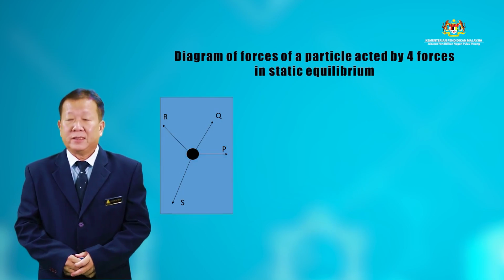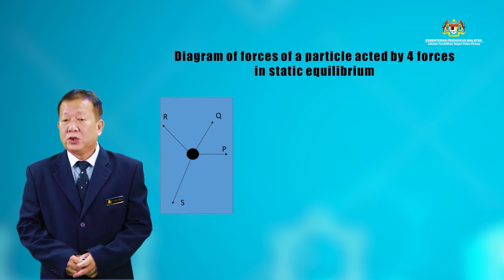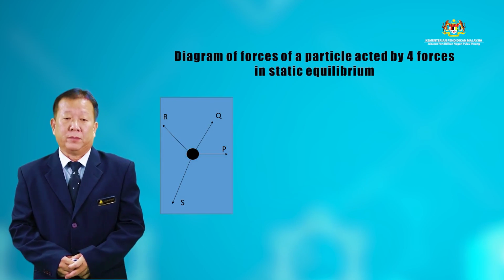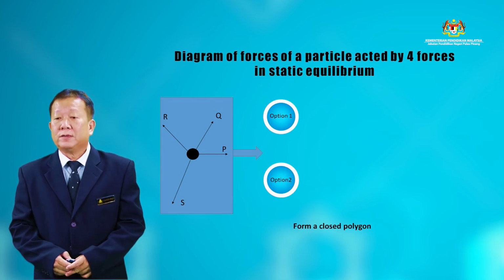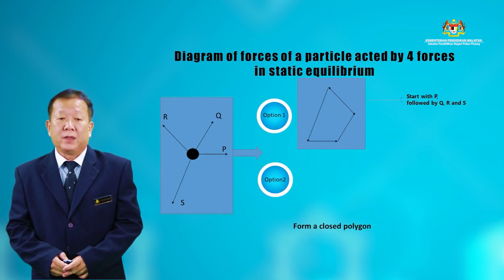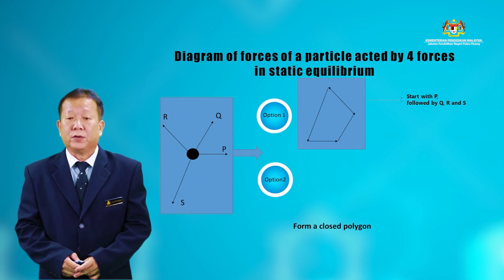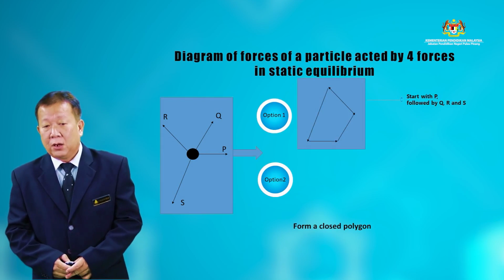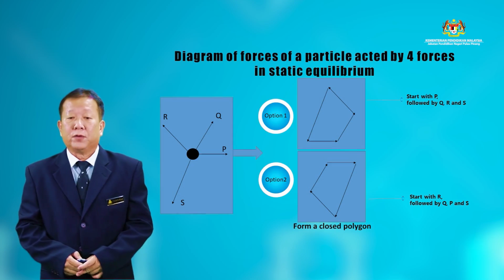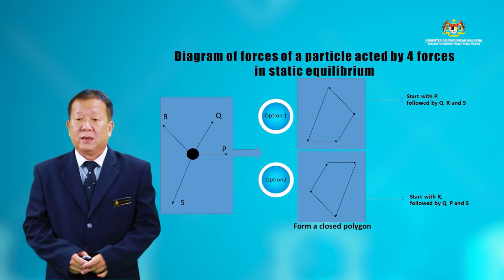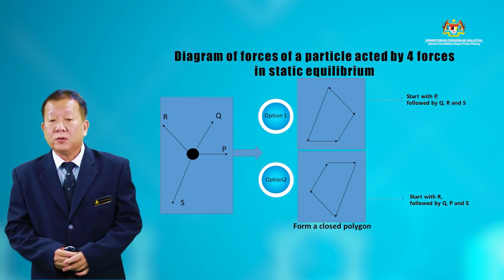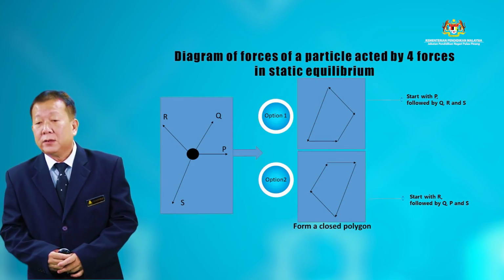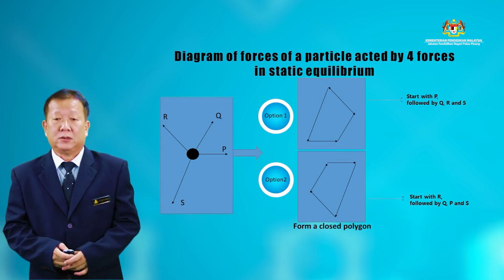For a particle acted on by four forces, which is in static equilibrium, if a force diagram is drawn, there are a few options of diagram of forces obtained depending on which of the forces you start with first. Look at all the diagrams of forces drawn. Once again, it forms a closed quadrilateral or a closed polygon that will return to its initial position.